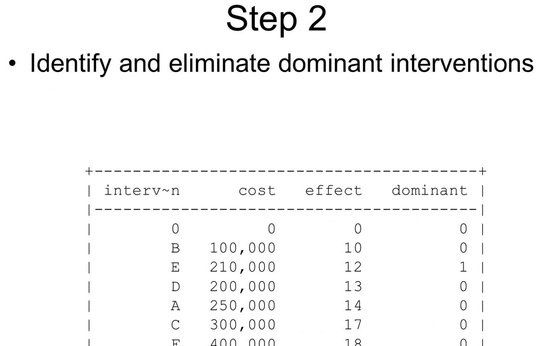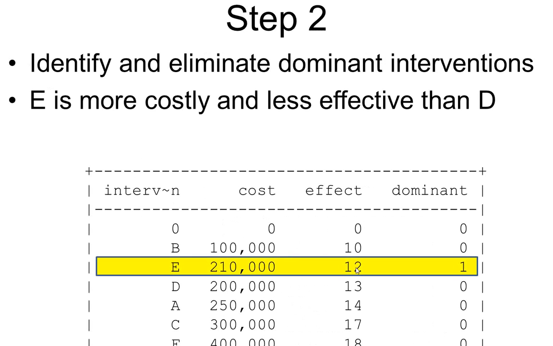The next thing we're going to do is identify and eliminate any dominant interventions. So again, this is the same interventions with cost and effects. But if we look down here, we see that intervention E is more costly than intervention D, and it's less effective than intervention D. So we would never choose intervention E. A rational decision maker choosing between E and D would always choose D. You get more effect for less money.